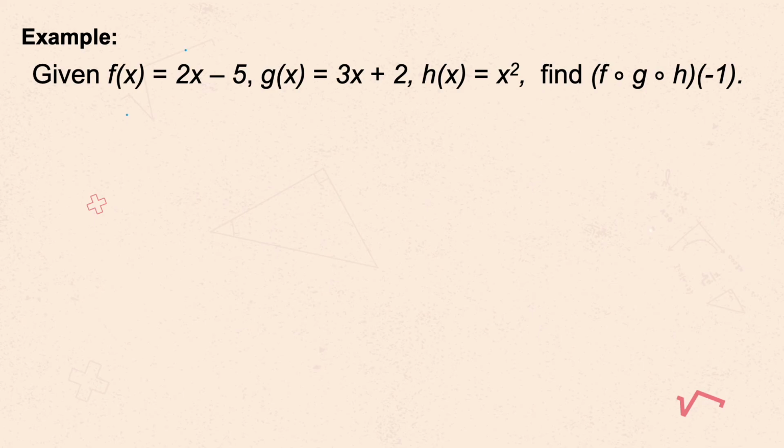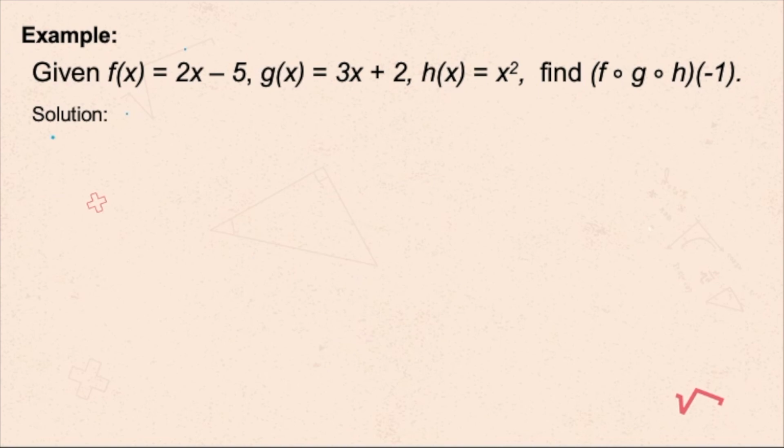Let's have another example. Given f of x equals 2x minus 5, g of x equals 3x plus 2, and h of x equals x squared, find f of g of h of negative 1.